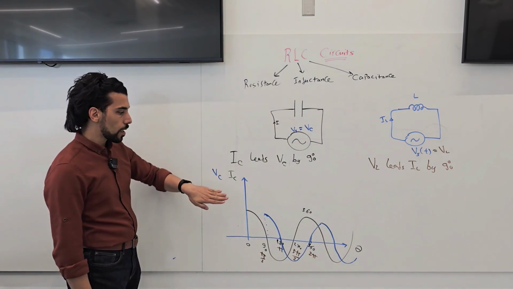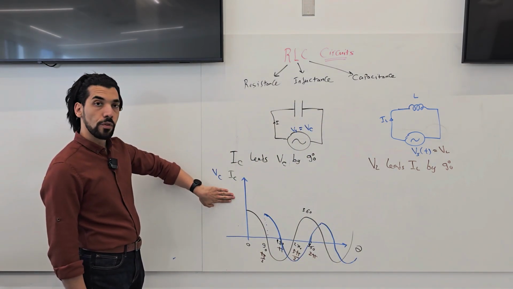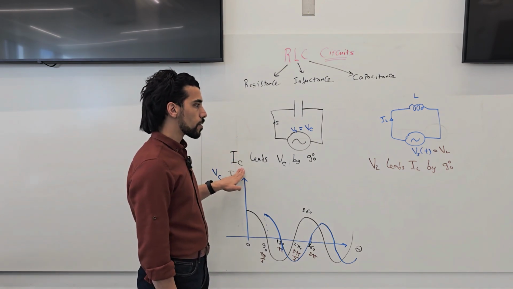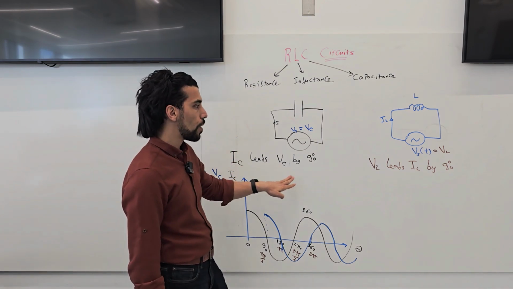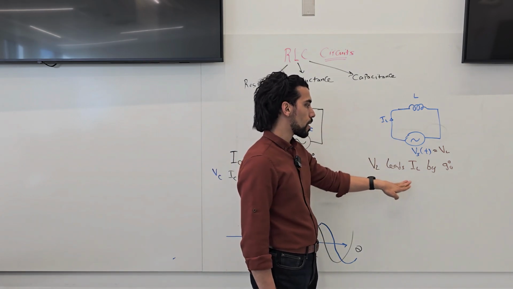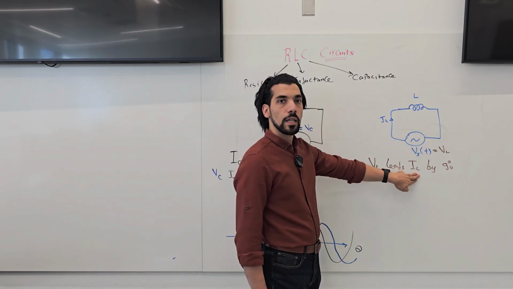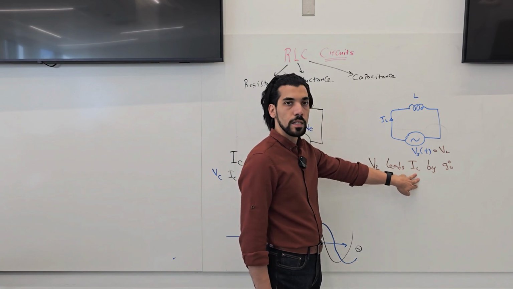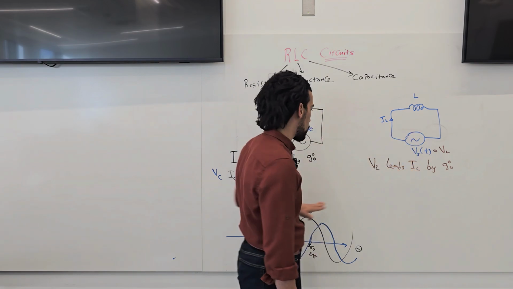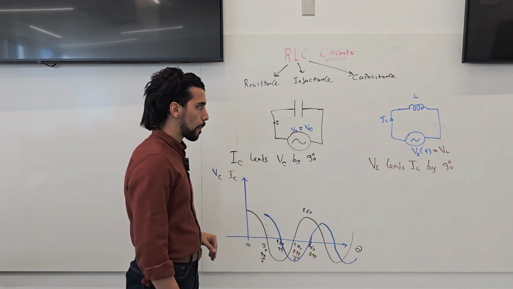So you can see that for the capacitor, the current comes first, then the voltage. However, for the inductor, the voltage comes first, then the current itself inside the coil. So I hope you got these two parts.